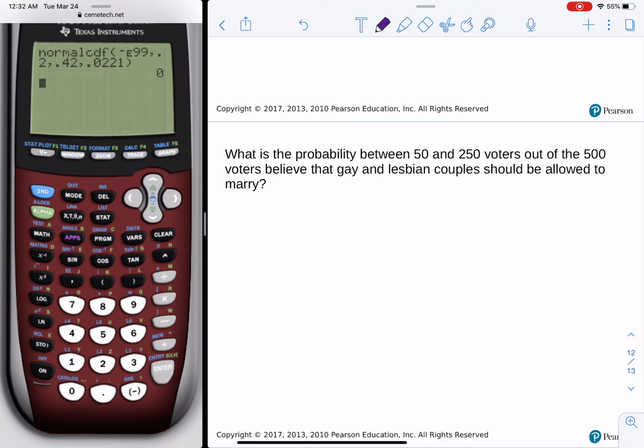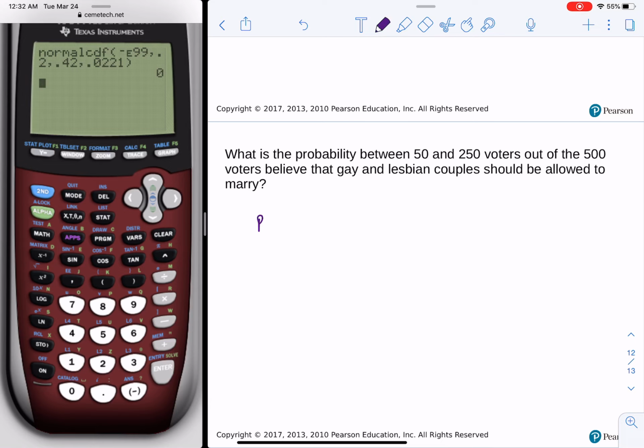So in the next problem, we have the probability that between 50 and 250 voters out of the 500 voters believe that gay and lesbian couples should be allowed to marry.